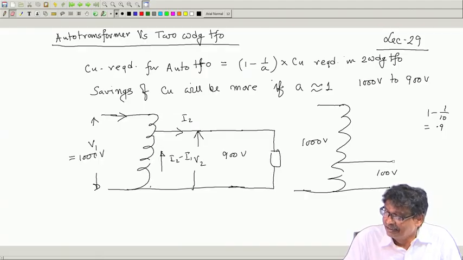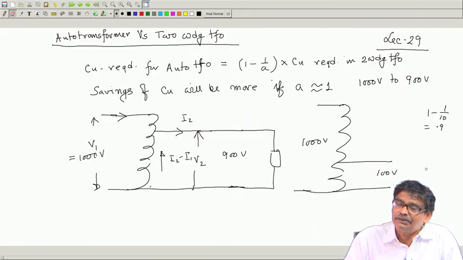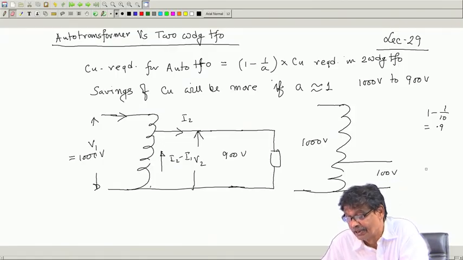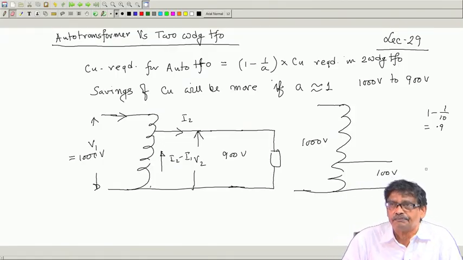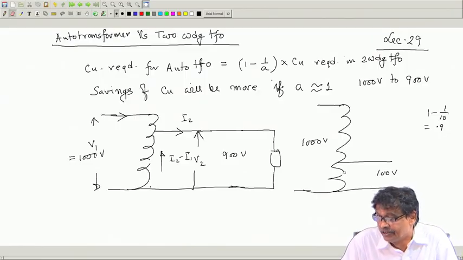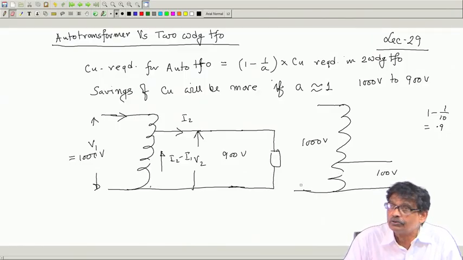But nonetheless, the load on this side will feel that rise in voltage, or the personnel working here might get shock if an open circuit takes place here and no isolation is provided by auto transformer.